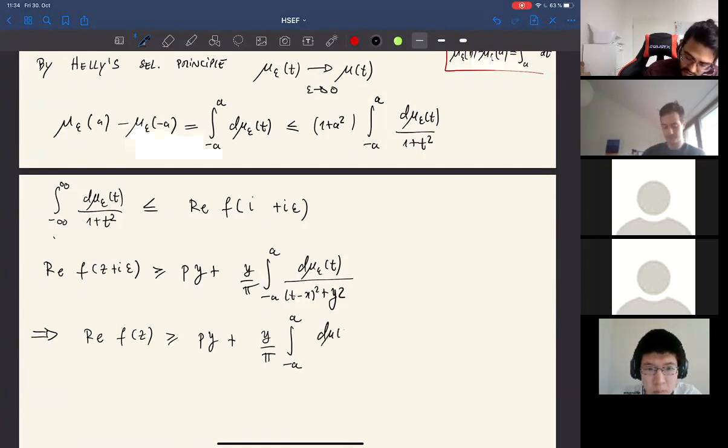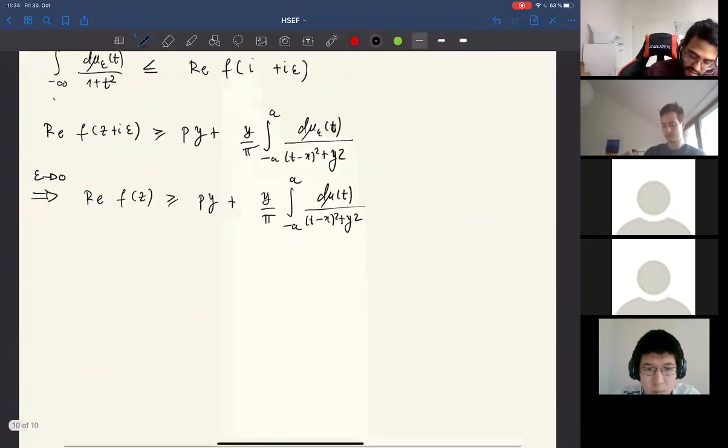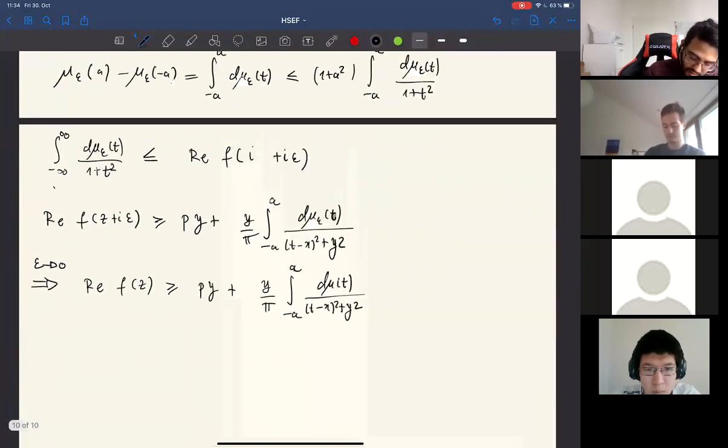So this would be just that. But this holds for every a, so I take epsilon to 0, then I take a to infinity, and I have this.